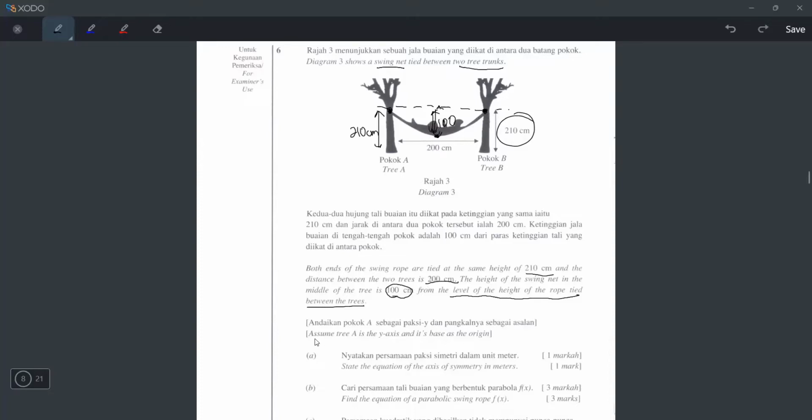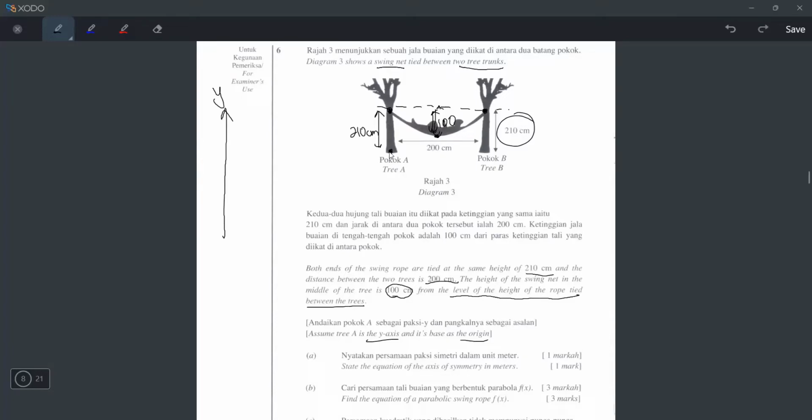Okay, and then they say assume 3A is y-axis and the base is the origin. So we can actually draw our own diagram because this diagram looks so ugly. Okay, so let's draw our own diagram and use the 3A as the y-axis because that's what they want, right? So let's draw a nice one. Like this is the 3A, this is the y-axis. And then where is the x-axis? Okay, the base is the origin.